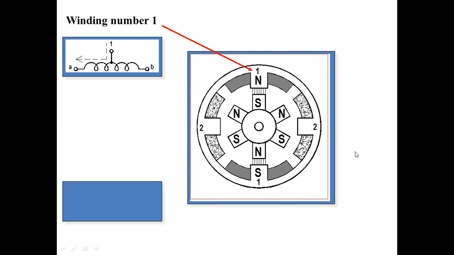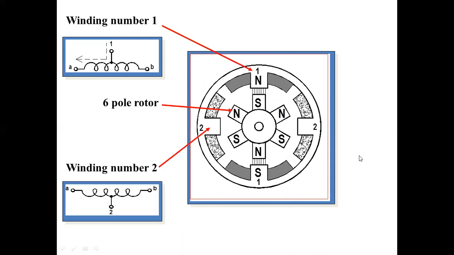Next one, if you observe the one step mode of operation for a 6-pole rotor. Previously we observed that only a 2-pole motor we considered. 2-pole motor means one pair of poles.